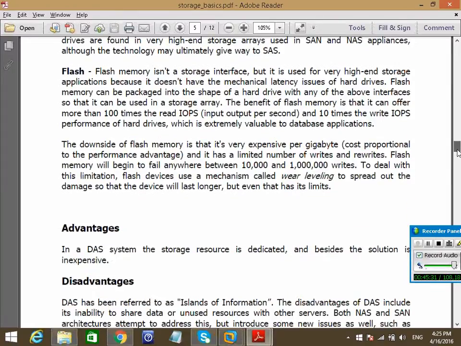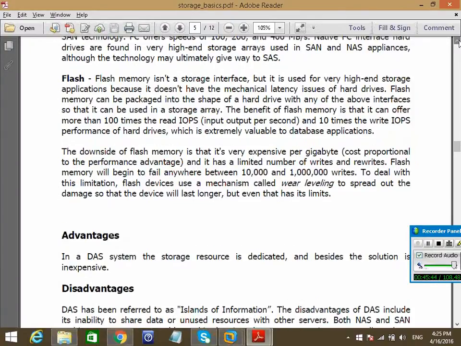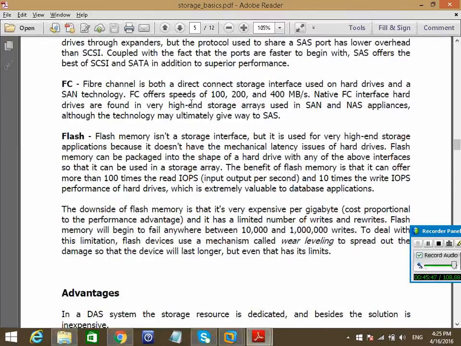Fibre Channel is purely fiber optic, where the data will be transferred at the speed of light. 400 MB, offering speed at the speed of light actually.